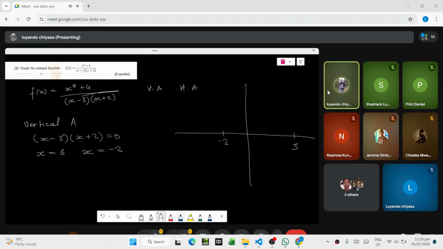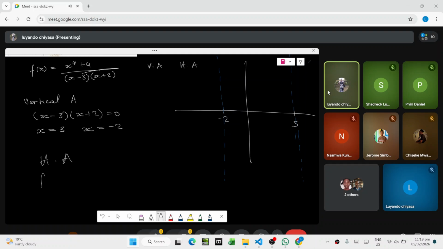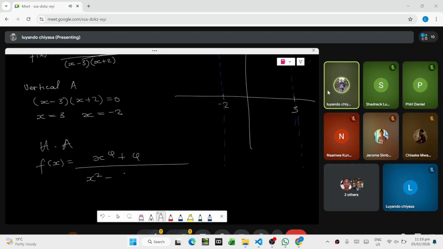Let me write the function like this: x to the 4 plus 4 over x squared minus 3x plus 2x minus 6.